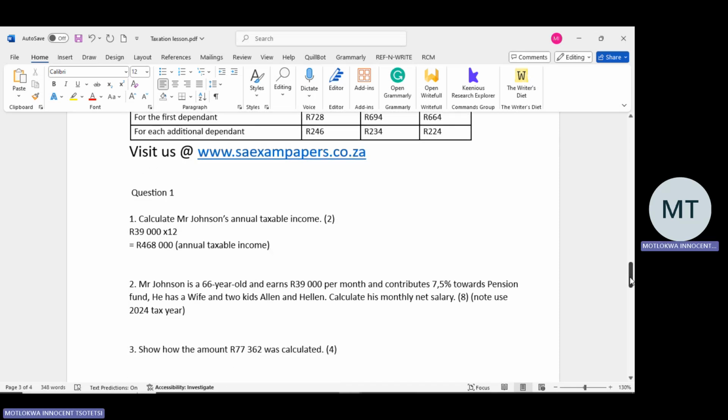So we move to the second question, which says Mr. Johnson is a 66-year-old and earns a monthly taxable income of 39,000 and contributes 7.5% towards pension fund. He has a wife and two kids, Ellen and Helen. Okay. So calculate his monthly net salary. So it's 8 marks. So they have told us to use the 2024 tax year.